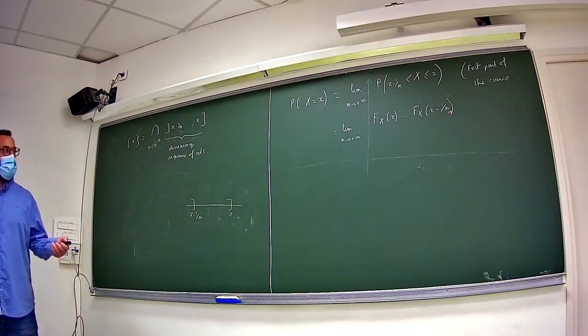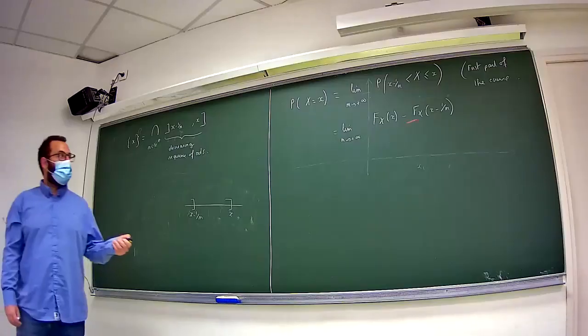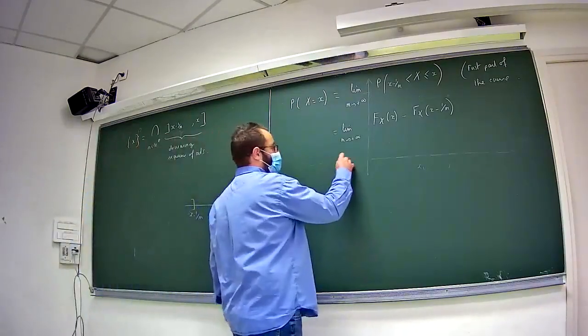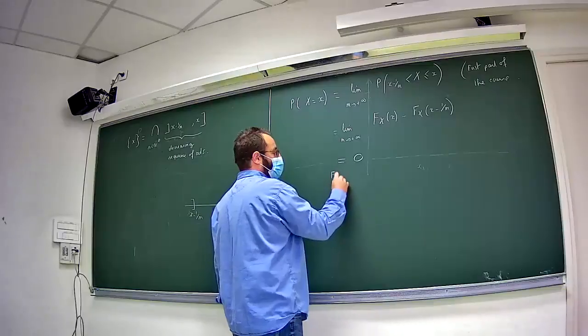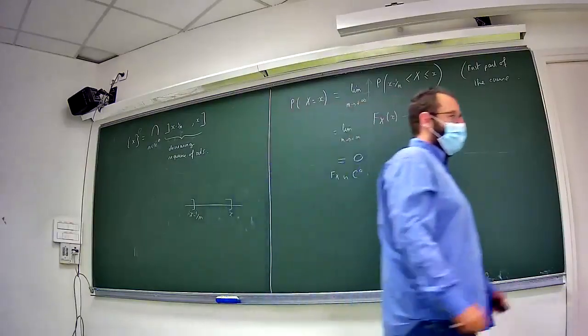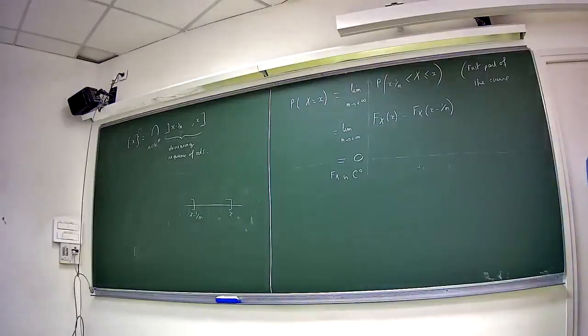So what is the limit of what I have inside here? The difference converges toward 0, because F_X is continuous. And so I have what I want.